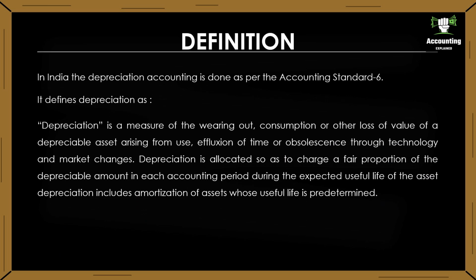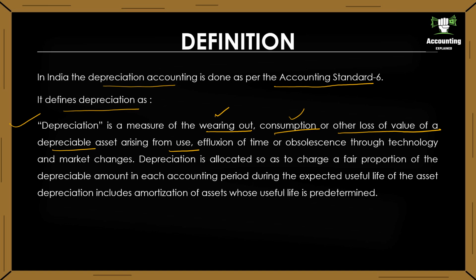Definition of depreciation. In India, depreciation accounting is done as per Accounting Standard 6. It defines depreciation as a measure of the wearing out. So when you use a fixed asset, it gets worn out. Consumption: when you consume that fixed asset for producing units for production or supply, the fixed asset's value is reduced, and or other loss of value of a depreciable asset arising from use.